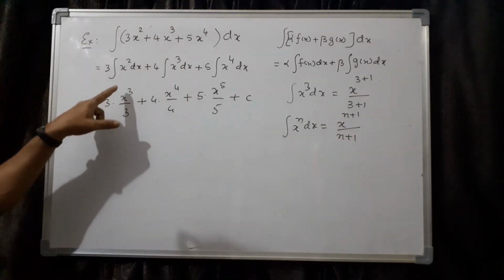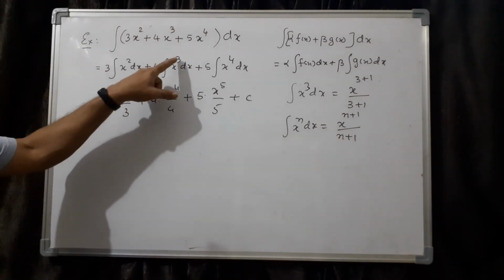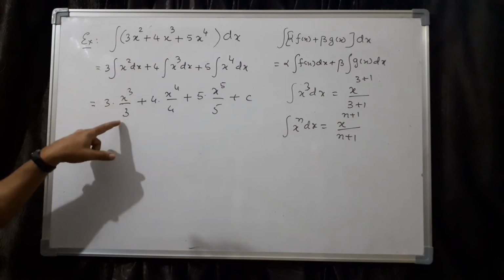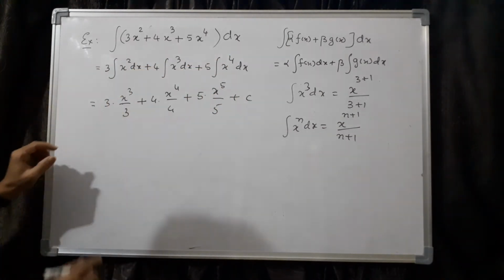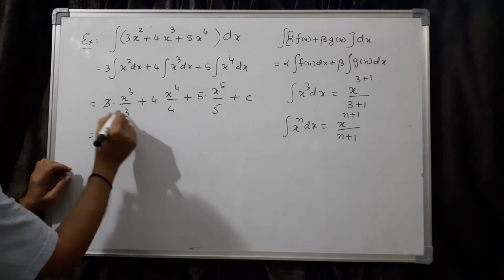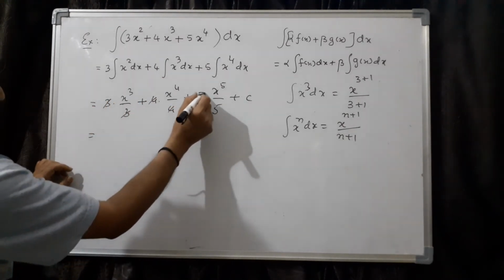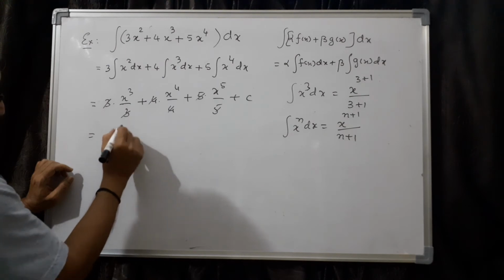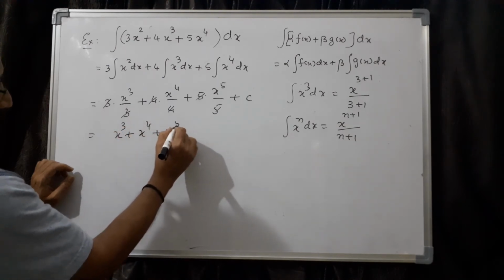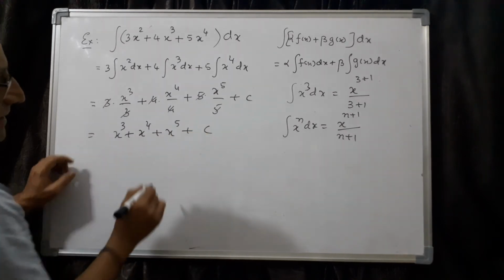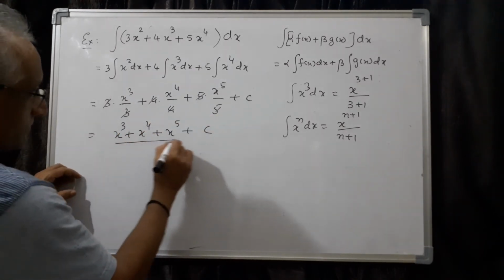Therefore here 2 means 2 plus 1 by 2 plus 1, 3 plus 1 by 3 plus 1, 4 plus 1 by 4 plus 1. So the final answer: 3 cancels, 4 cancels, 5 cancels. So x cube plus x4 plus x5 plus c, and c we have to add common. So this is the answer.